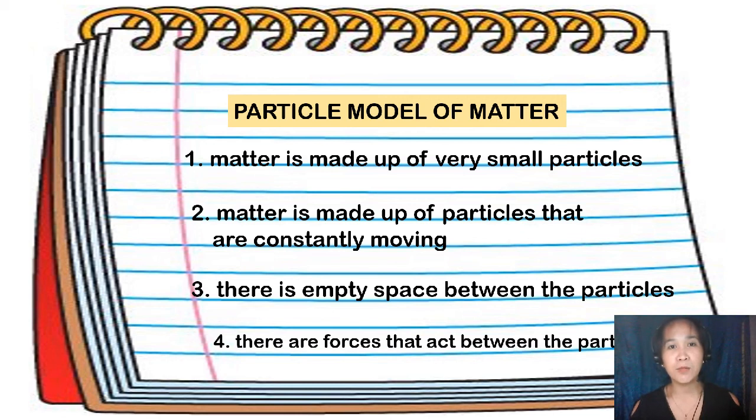And the particle model of matter can explain the following phase changes: the evaporation, the boiling, the condensation, the melting, and freezing. Okay, so those are the different phase changes.